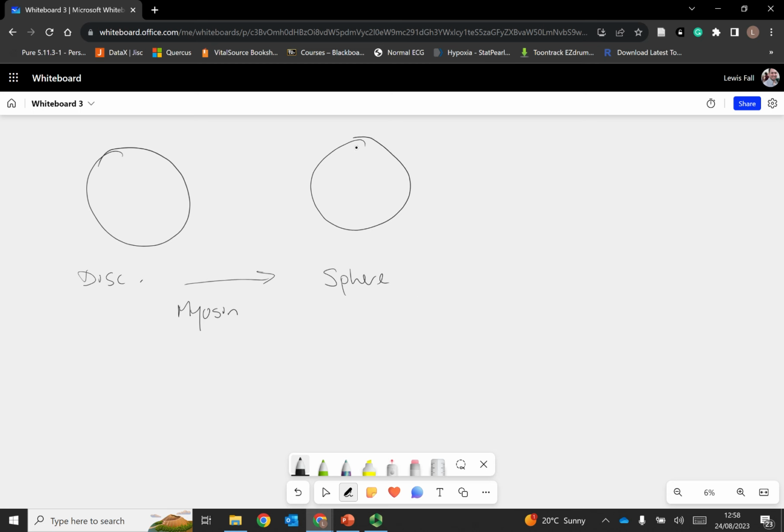So we've got a shape like that. Okay, so that's myosin contraction. Now, the next thing that happens after that is that the shape will start to change again.